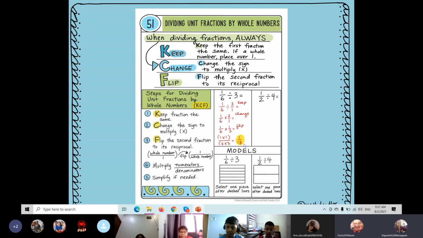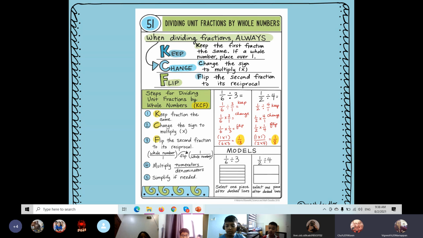Keep the first fraction, and the second, the whole number, 4 over 1. Then change the division sign to multiplication, and then you flip the fraction and you multiply. What is your answer? 1 over 8.